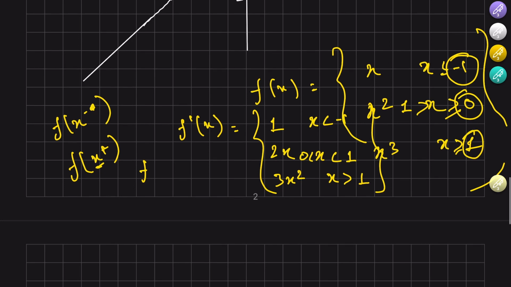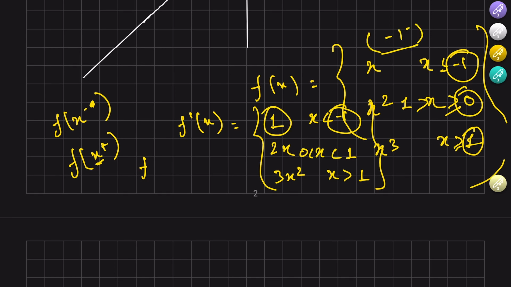For example, if you want to check at x equals -1, you see where a number less than -1 lies in this function. The value will be equal to 1. So f dash of x for x less than or equal to -1 will be 1. Now just check a number which is a little greater than -1. What will be the value of the limit or the derivative?